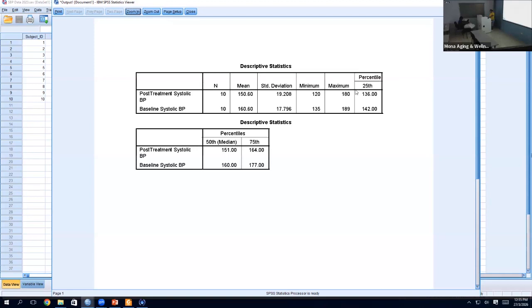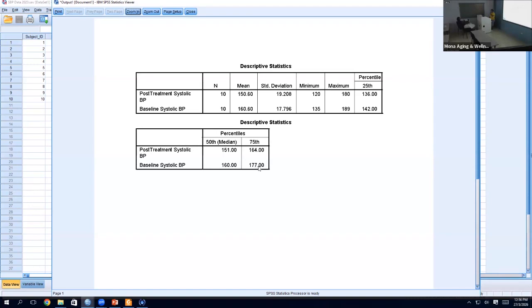And then remember, we have the percentiles: for post-treatment systolic BP, the 25th percentile, Q1, is 136, the median is 151, and Q3 is 164. Same for baseline: 142 for Q1, median 160, and Q3 177.